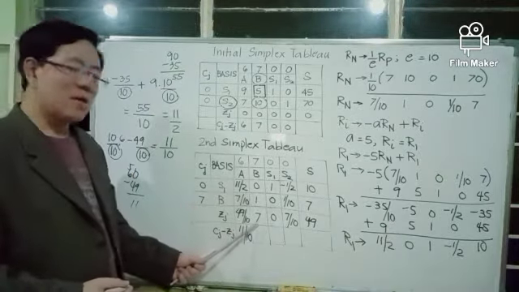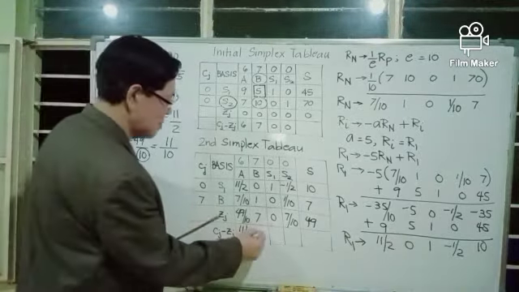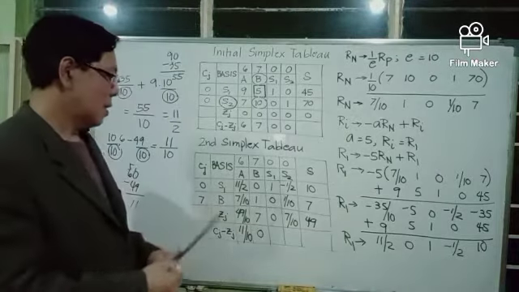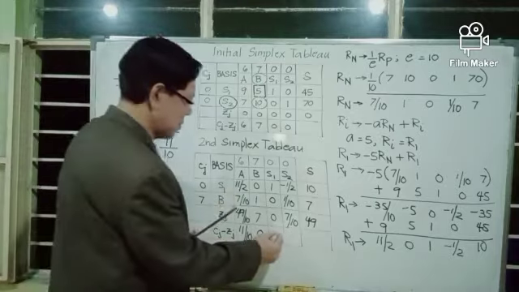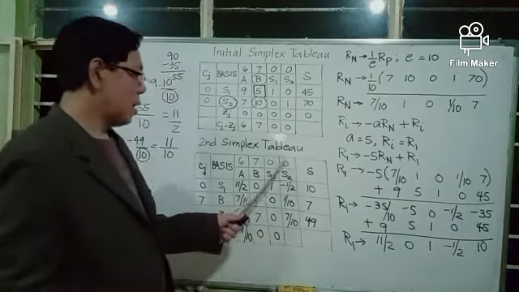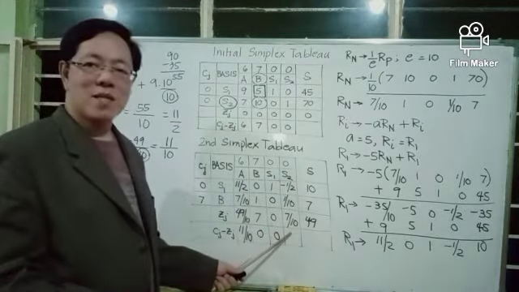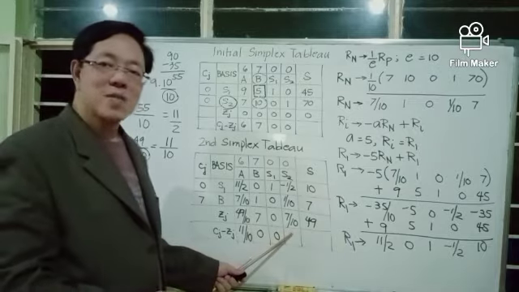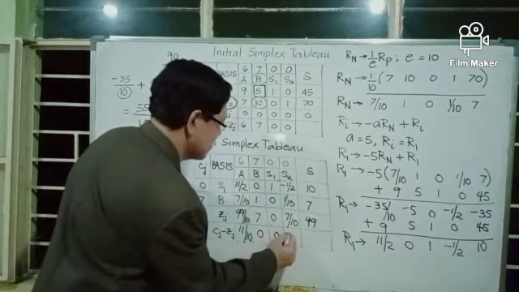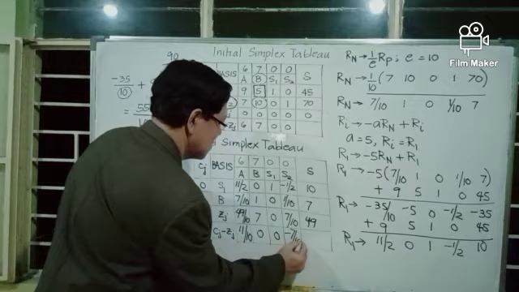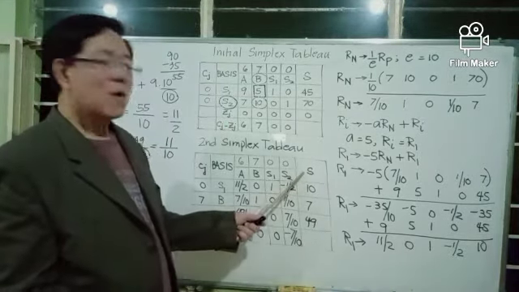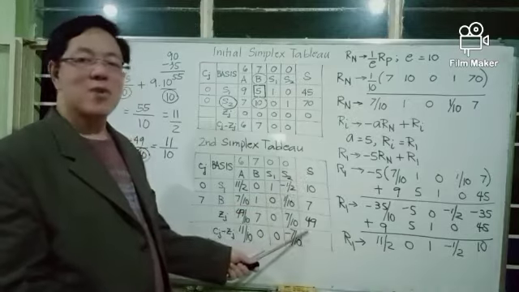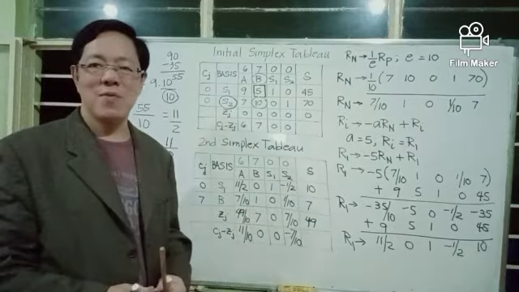And 7 minus 7 is 0. 0 minus 0 is 0. And 0 minus 7 over 10 is negative 7 over 10. And we do not have an answer for this cell because we do not have a number here, minus 49. We cannot perform that difference.